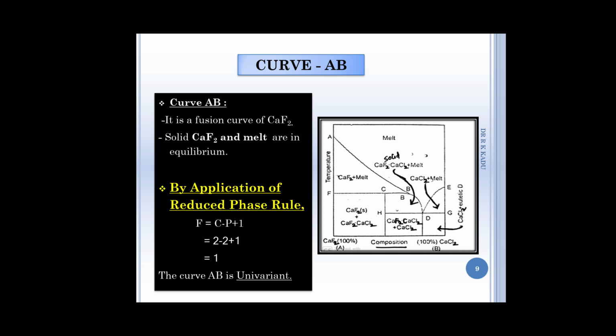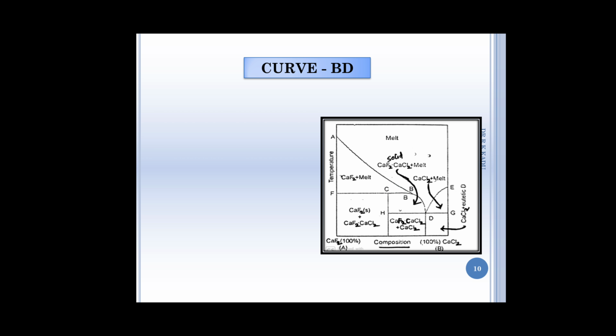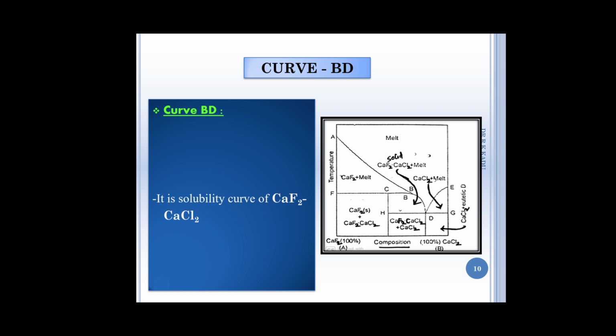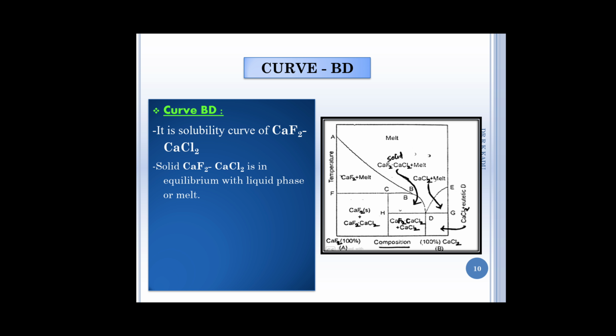Now next is curve BD. In this diagram, this is showing the curve BD. This curve BD is the solubility curve of CaF2-CaCl2, in which the solid CaF2-CaCl2 is in equilibrium with liquid phase or the melt.